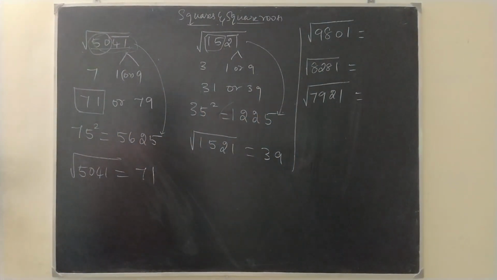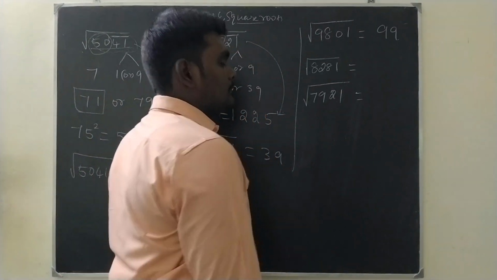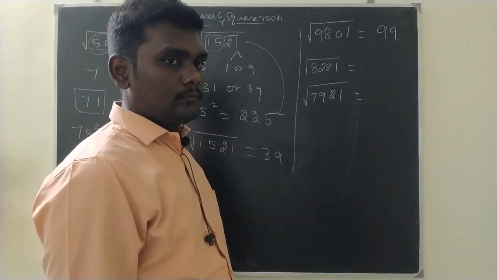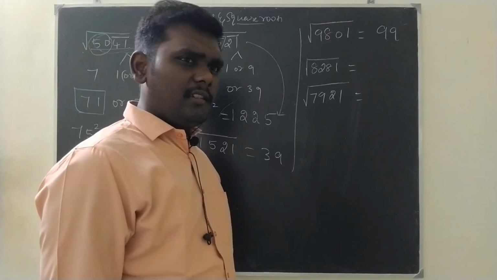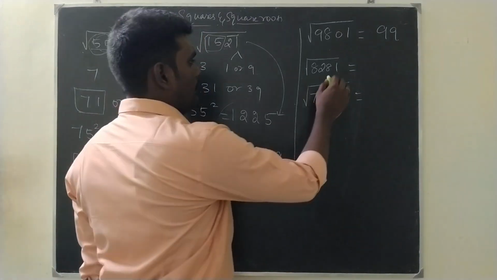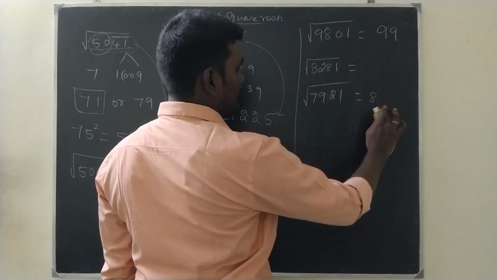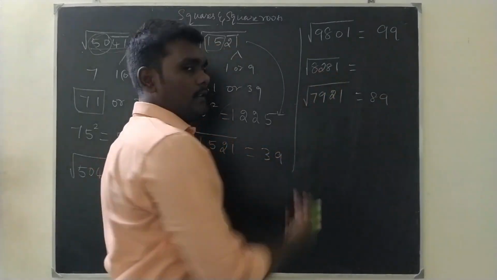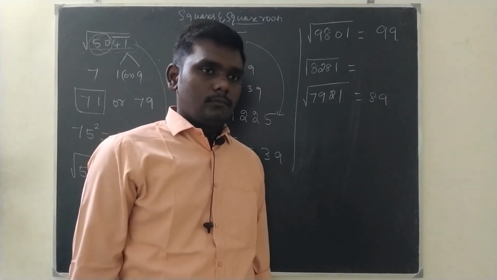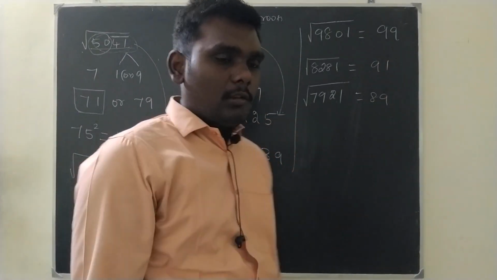Yes, 99 is the right answer. And then 89. See, 7921. Okay, 81, 89. Then for this 8281, 91. Perfect. So you know how this works.